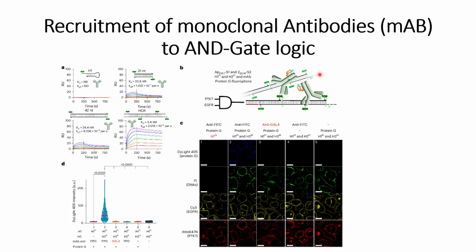So I hope you understood how they validate their AND gate logic system for the recruitment of monoclonal antibodies, and how they have also shown that it is very specific when both the biomarkers are present. It is very specific to the design. That design is shown in this figure, and results for that design are shown in this figure.